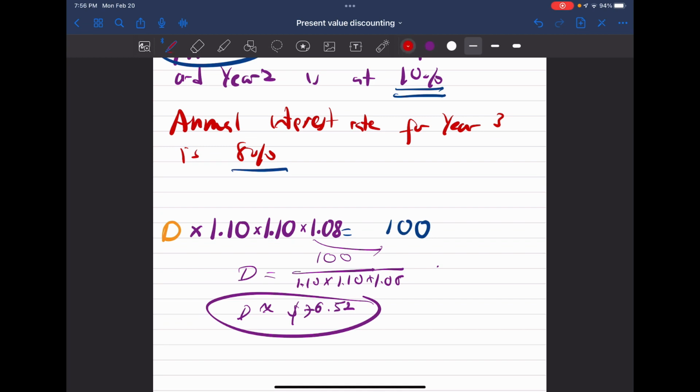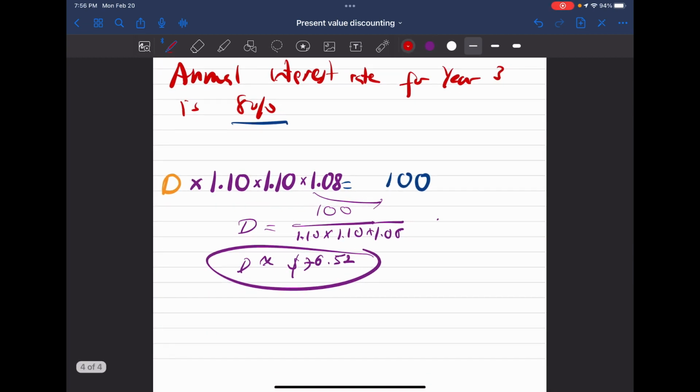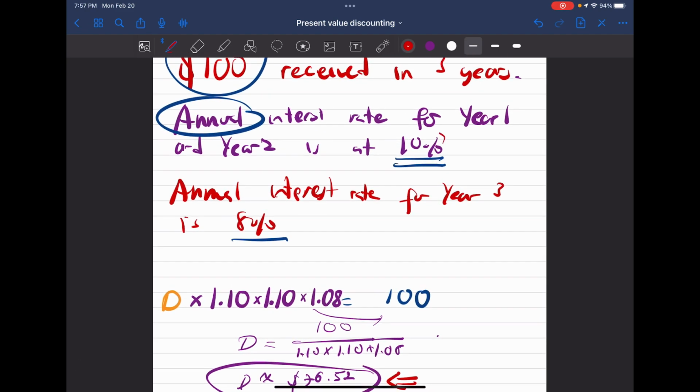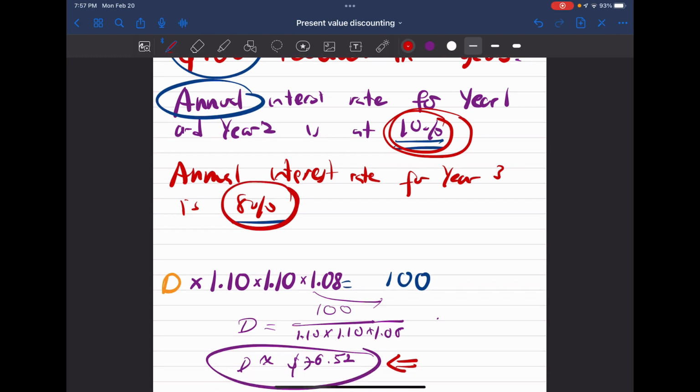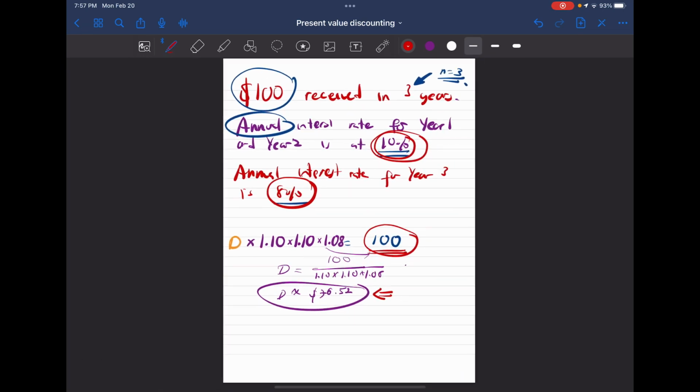What $76.52 means here is that if you have $76.52 today, and you invest it for 3 years with this interest rate, 10% for the first year, 10% for the second year, and 8% for the third year, then you will end up with $100 in the third year. So that is what $76.52 means in this case.